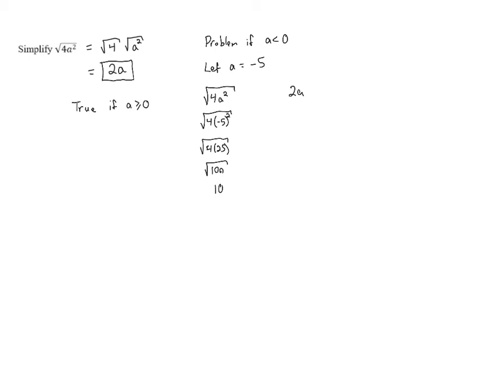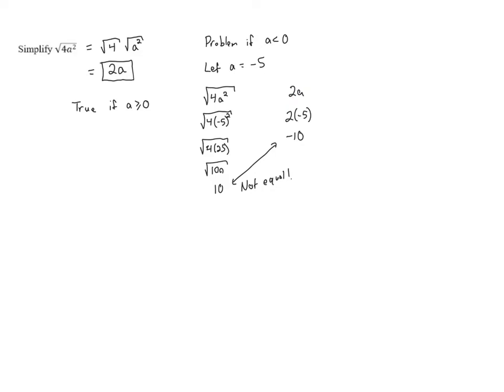However, if we just go to 2a and we substitute in negative 5 there, we have 2 times negative 5, and 2 times negative 5 is negative 10, and these two things are not equal. So we have an example where the square root of 4a squared is not equal to 2a.